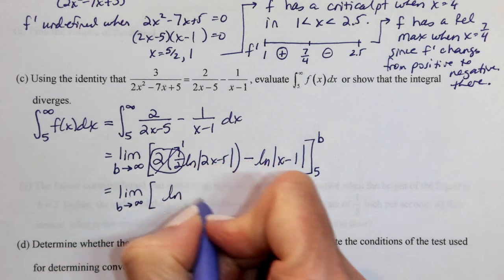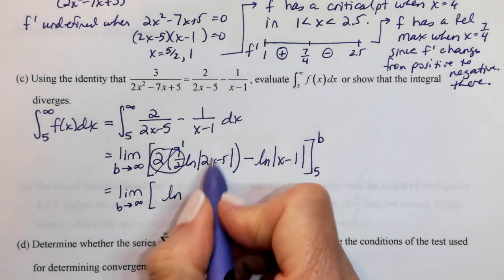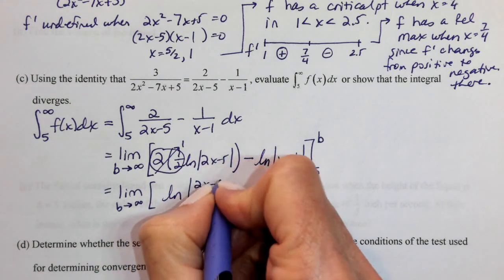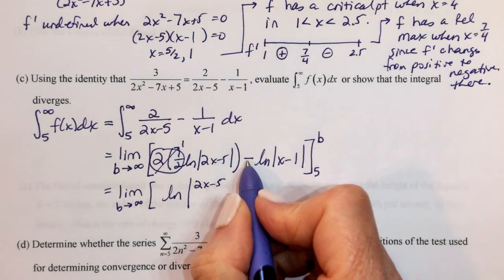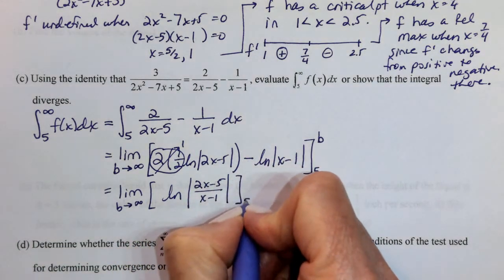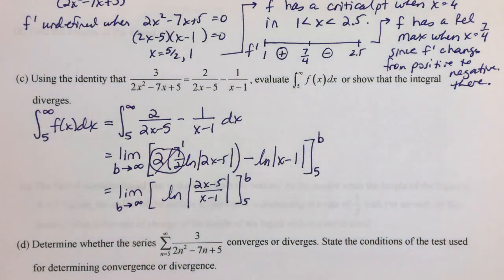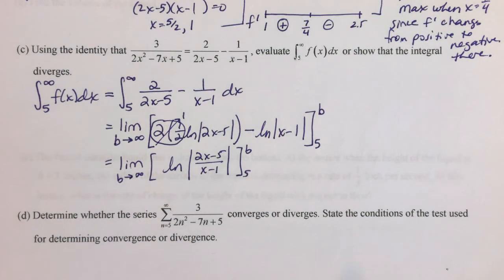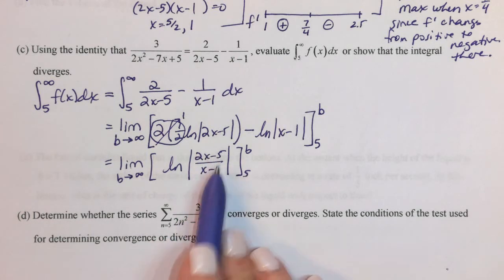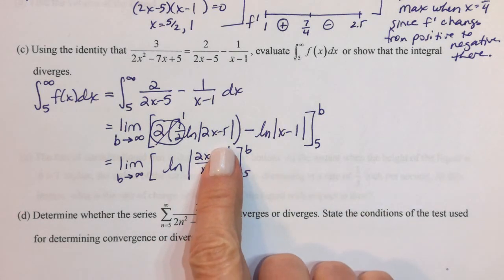So we're going to have natural log of, this 2x minus 5 came from a positive log, so it goes on top. The x minus 1 came from a negative log, so it goes on the bottom. Now put b in for x and let b go to infinity. As b goes to infinity, the minus 5 and the minus 1 don't matter, and I have 2.